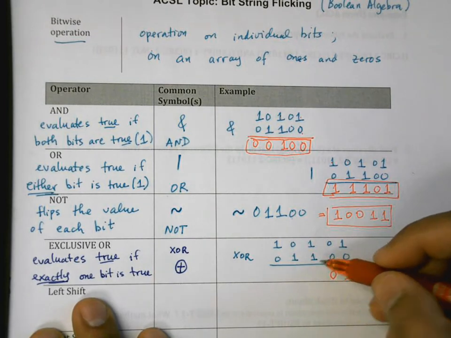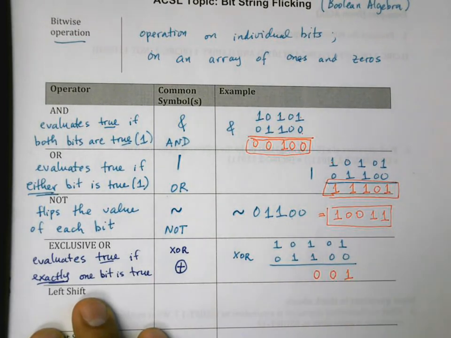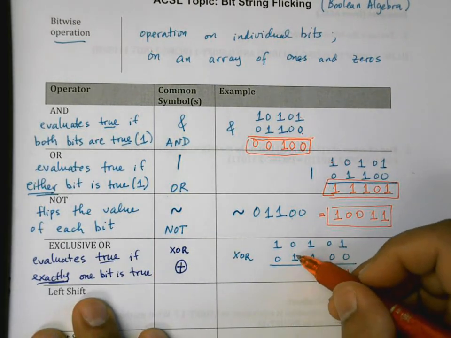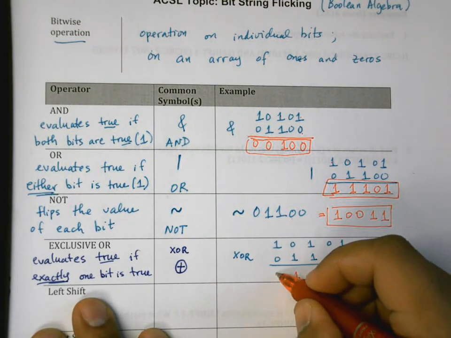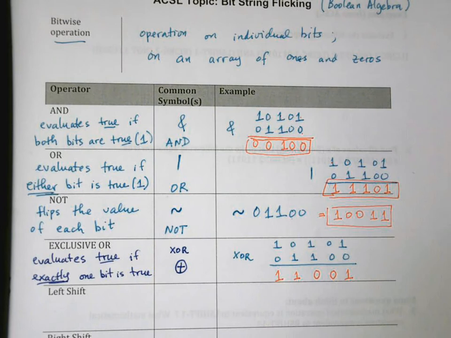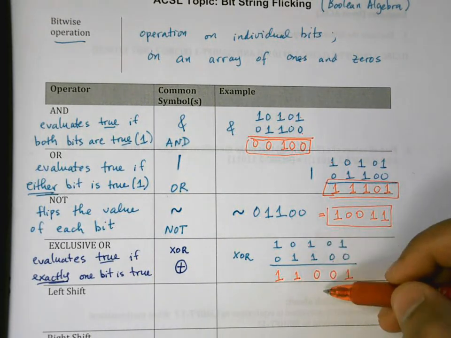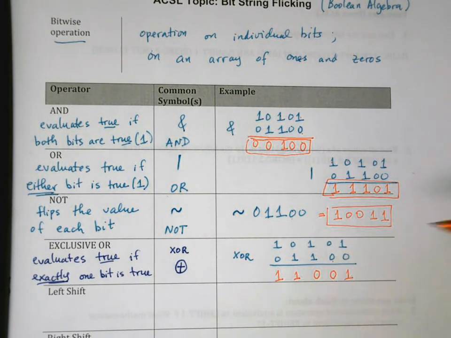Both of these bits are true, so that actually evaluates to 0. So this is like saying one or the other, but not both. Here, exactly one bit is a 1, so that stays true, and then here, same situation. So if you have two zeros or two 1s, that will evaluate to false. If the bits are different, 1 0 or 0 1, that will actually evaluate to true.